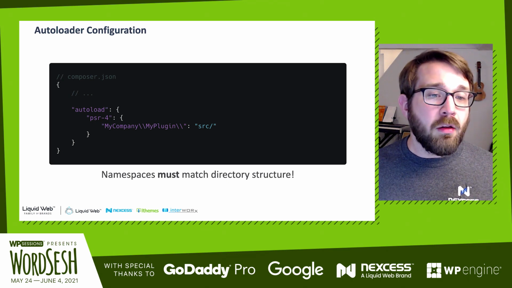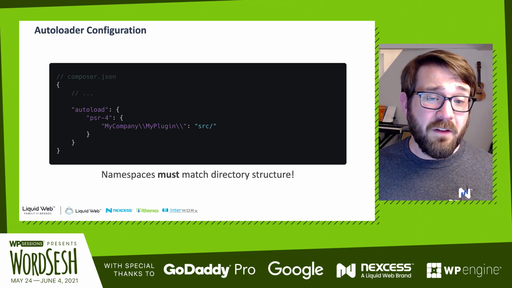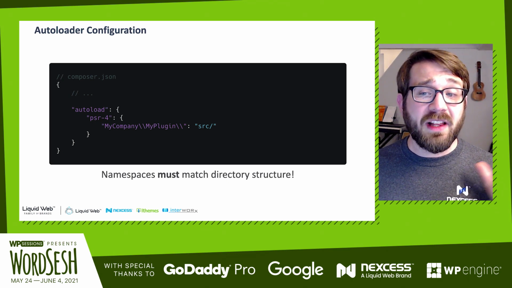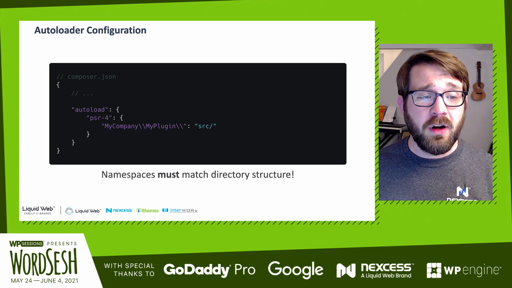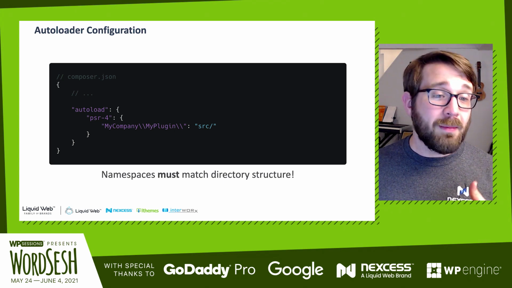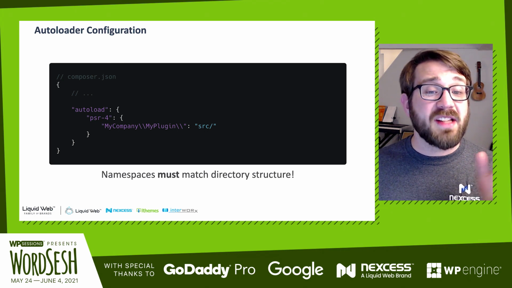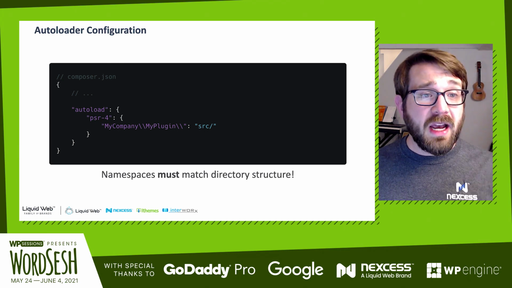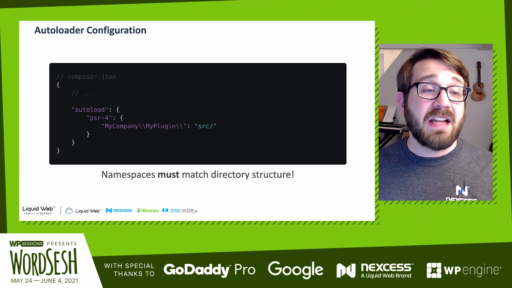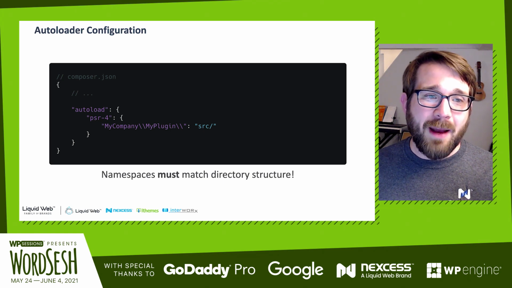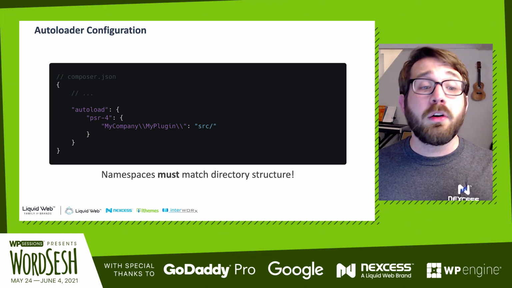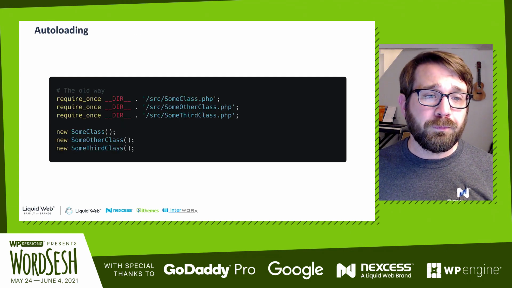Now, the standard autoloading pattern these days is PSR-4, where the file names match the class names and the namespace structure. So MyCompany/MyPlugin/SomeClass is going to map to src/SomeClass.php, because we've told it, anytime I ask for something you don't understand in MyCompany/MyPlugin, look in the src directory.